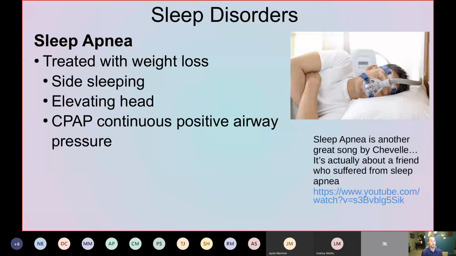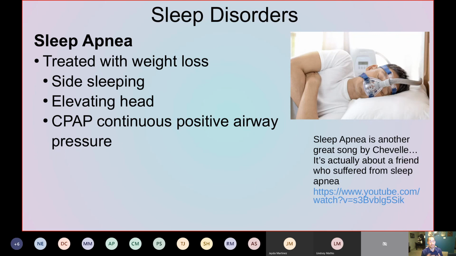So with that, you can help it. It can get better with weight loss. Side sleeping makes it less likely that the windpipe will close. Elevating the head higher will make it less likely, and a CPAP machine is very, very helpful. So definitely something to get treated if you have sleep apnea or you think you know someone who does.